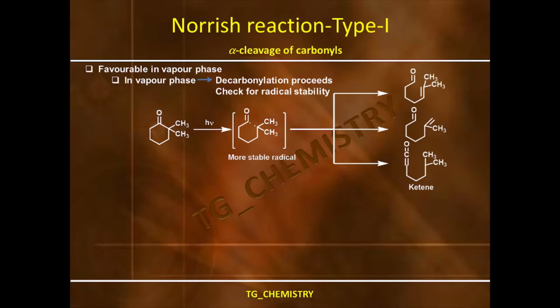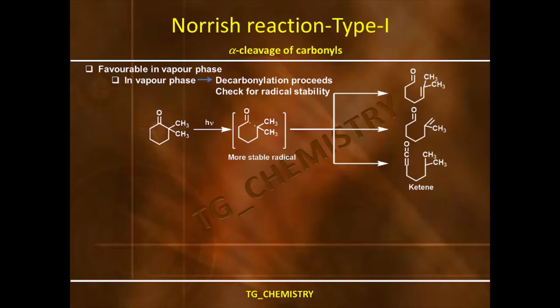Upon direct photoirradiation, we can have two stable radicals if the alpha scission proceeds on that side where the two methyl groups are substituted. As these radicals will be more stable, that will eventually dominate in the product formation. And this biradical can have different fates, as you can see.